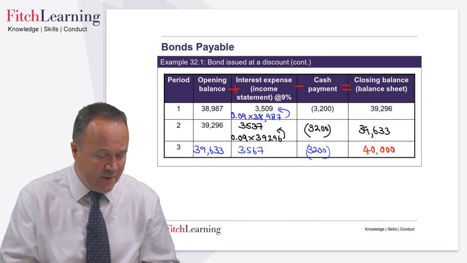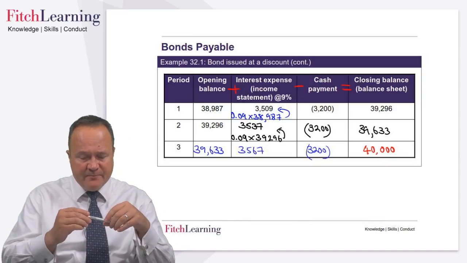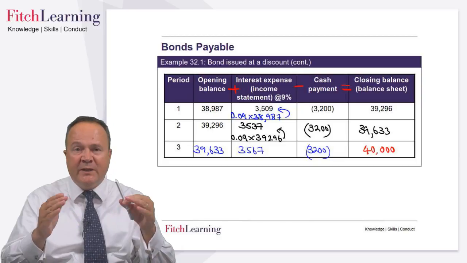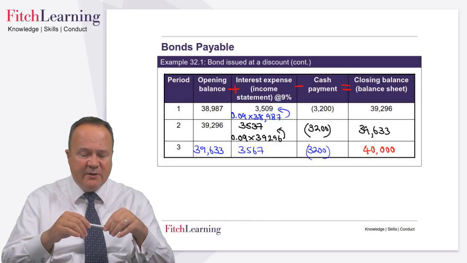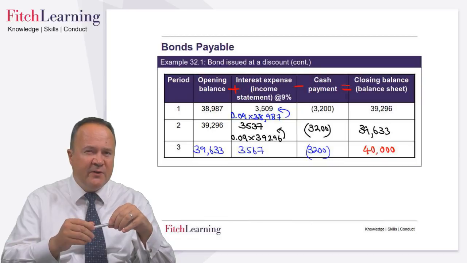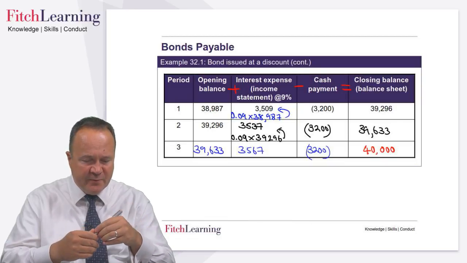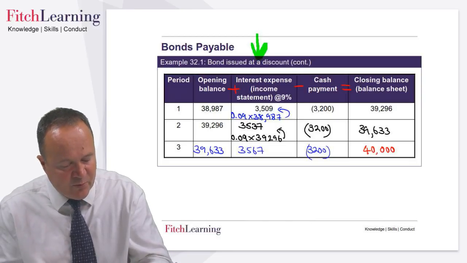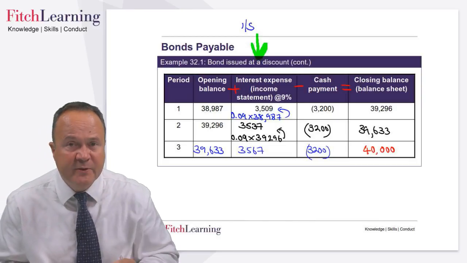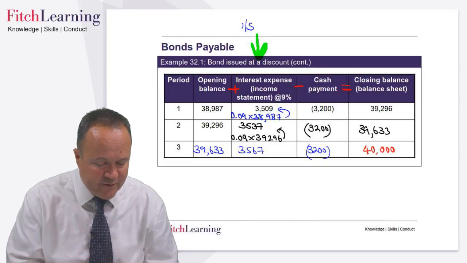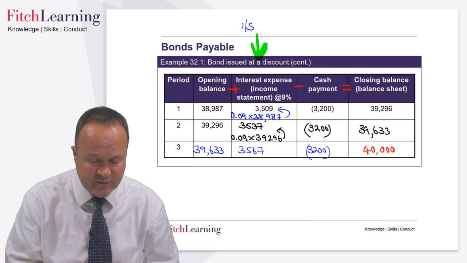With a 3-year bond, that didn't take too long, and so if I asked you what was the interest expense in year 2, we can see the answer is 3,537. Remember that interest expense, this column we have here, is what we're going to see coming through the income statement. So as a cost, 3,509, 3,537, and 3,567.